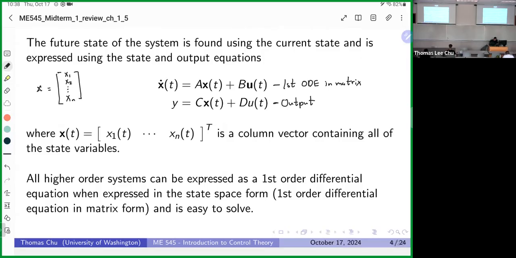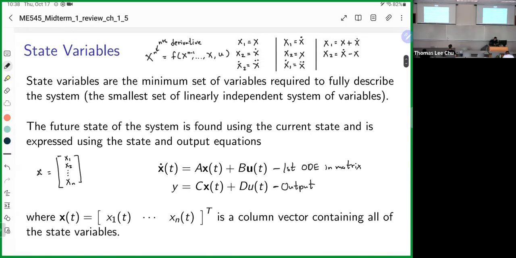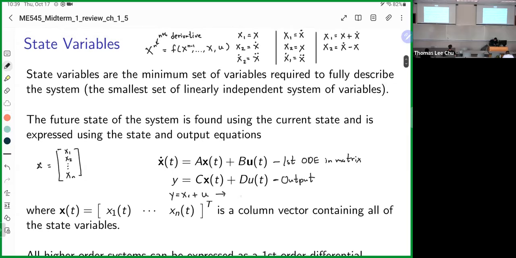Finding A is basically finding how the state variables are related to each other. The B matrix is how the input enters the system, and the C matrix is based off of what I want as the output. So if I specify that, then you can determine what C is. If I say Y is equal to X1 plus U, then my C matrix is going to look something like this, 1 0.